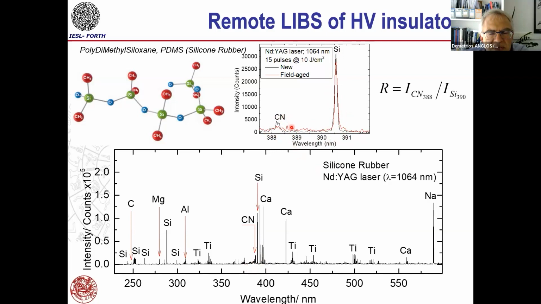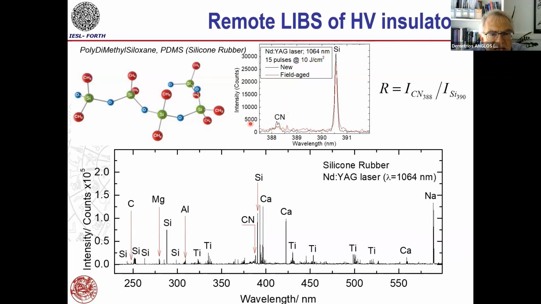CN forms during the plasma formation process because of a reaction of the carbon atoms with nitrogen in the atmosphere. So effectively, the emission of this CN species reflects the amount of carbon on the sample.